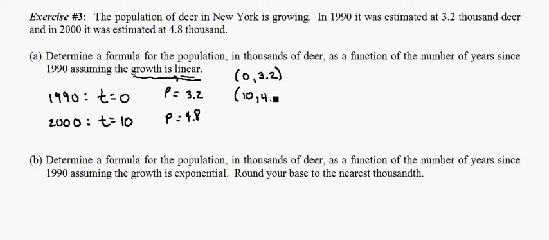And I say functions because we're going to do linear in part A and exponential in part B. Now notice we have the output to this function when the input is 0. To me, if you know the y-intercept of a function, then it makes sense to use the slope-intercept form of the line. If we didn't, then I might go with point-slope, but I already know the b. What I need to know, though, is the m.